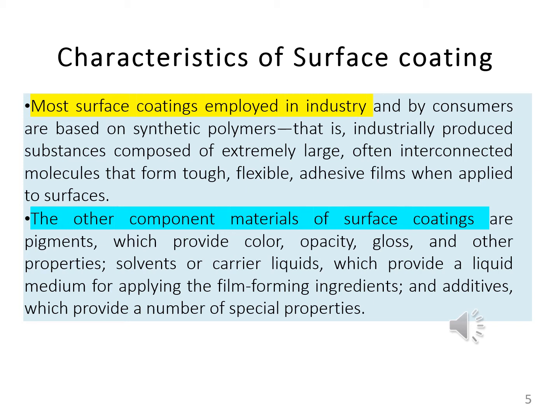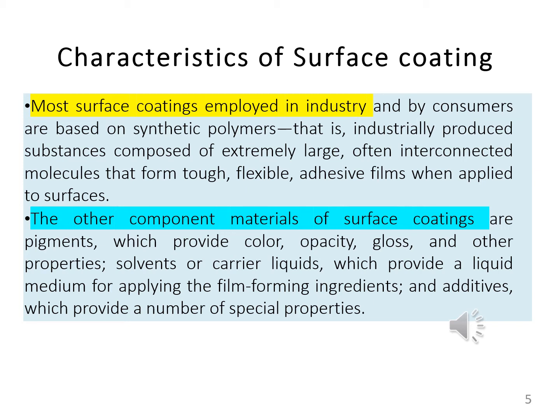So, mostly the surface coatings are employed in the industries. These surface coatings are based on the synthetic materials or the synthetic polymers. These surface coatings are produced industrially and they are composed of extremely large, often interconnected molecules, and these extremely large interconnected molecules form the tough, flexible, adhesive films when these substances are applied to the surface.